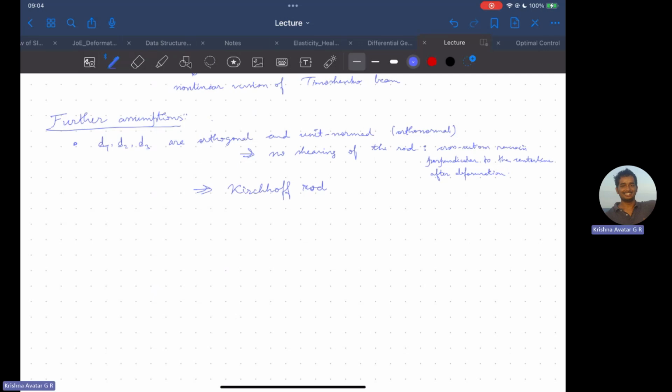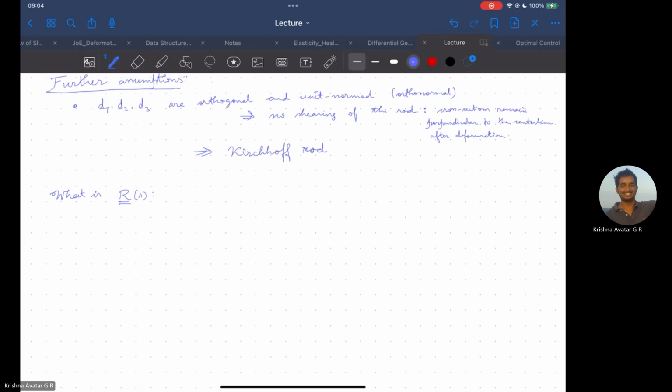Okay, so far we have defined the Kirchhoff rod. Now let's move on to how rotations work, or what the rotation matrix R is.